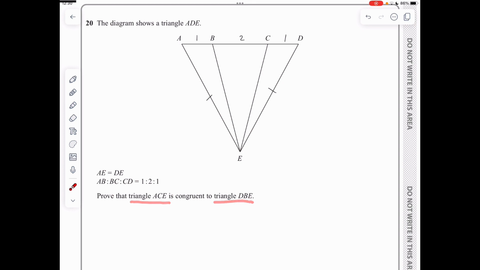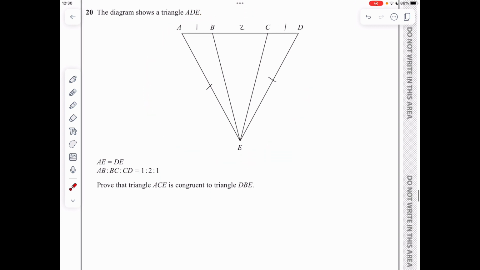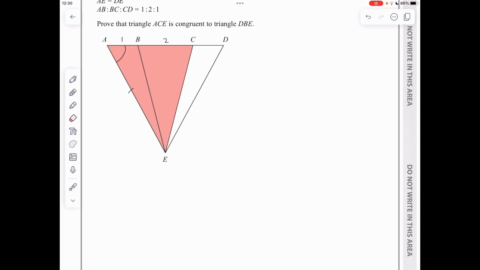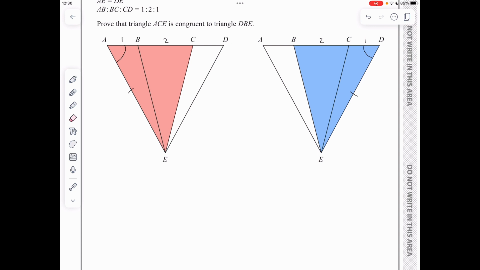So I will start by copying this diagram here and highlighting the two triangles that I need to prove are congruent. So the first one is here, it's triangle ACE, and then the second one is over here, it's triangle BDE.